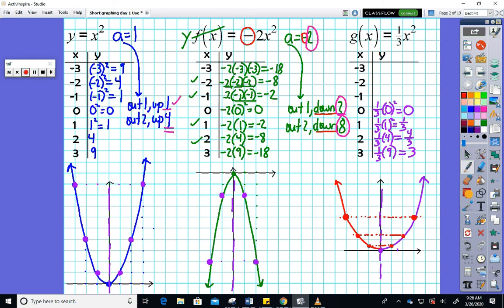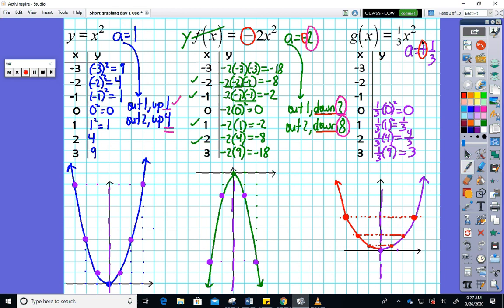So if we use all this stuff about the A value and symmetry, we can begin to graph our parabolas much more quickly. All right, on this purple one, my A value here is positive 1/3. And you might say, why'd you write the positive? Because I wanted to emphasize the positive is what caused my parabola to open right side up.